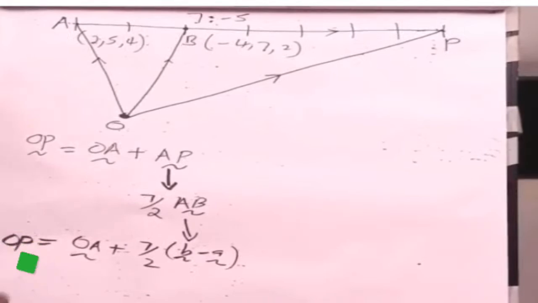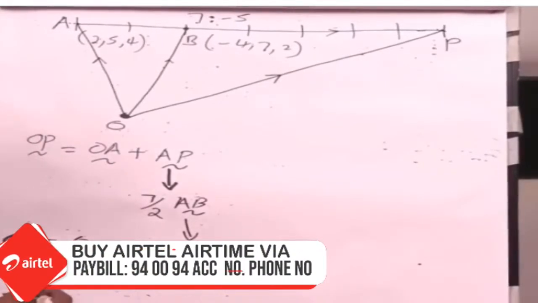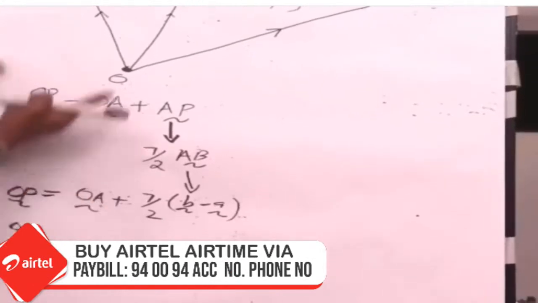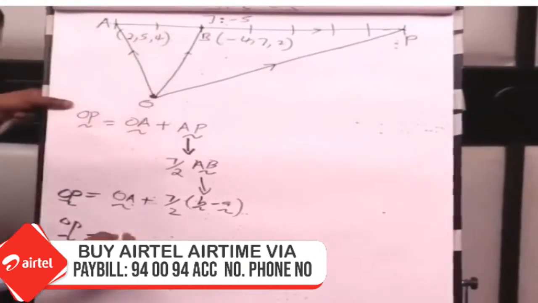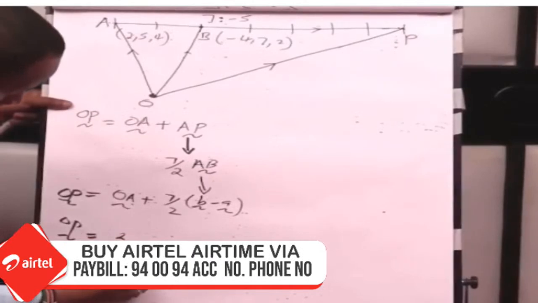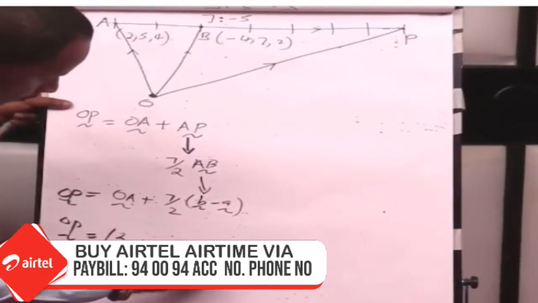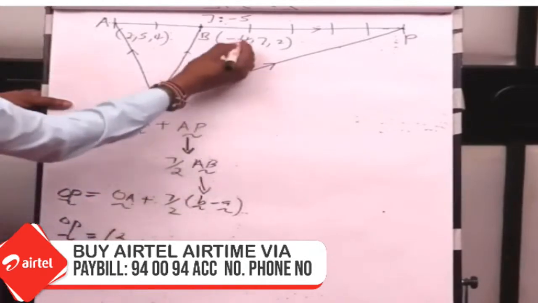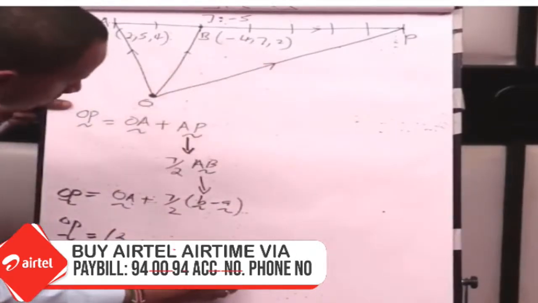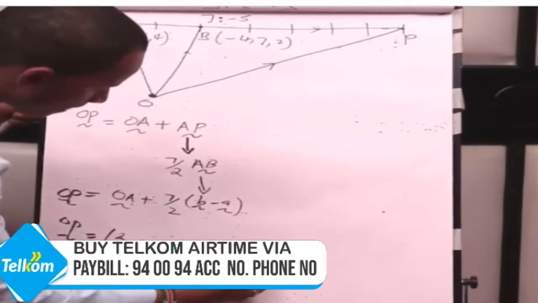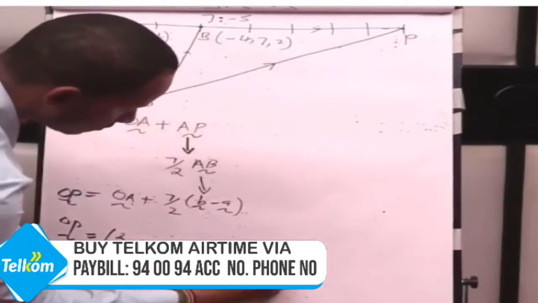Then OP equals OA. Very interesting. What is OA? OA is 2, 5, 4 plus 7 over 2 of B. Our B is minus 4, 7, 2, minus A. Our A is 2, 5, 4.